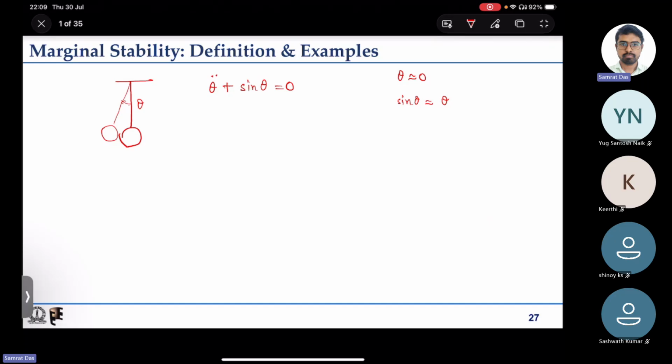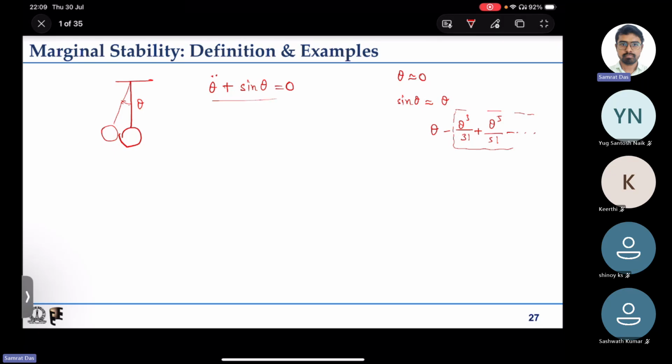That can be seen if you do the Taylor series expansion of sin theta, then you will find that sin theta is theta minus theta cube by factorial 3 plus theta to the power 5 by factorial 5, etc. So for very low values of theta, all these higher order terms can be neglected and sin theta can be approximated by theta.